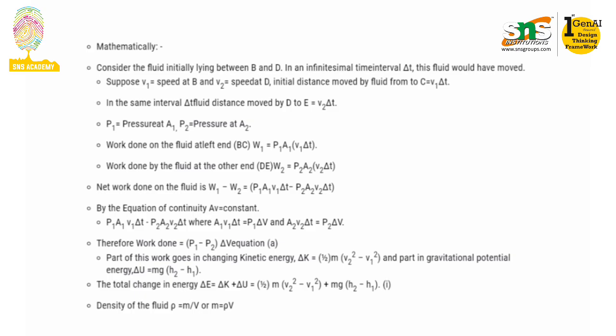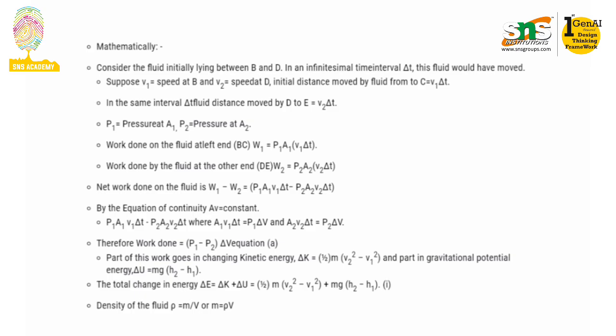For the first case, the initial distance moved by the fluid from B to C will be V1 del T1, and the distance moved from D to E will be V2 del T. So from B to C it is V1 del T1, and from D to E it is V2 del T.